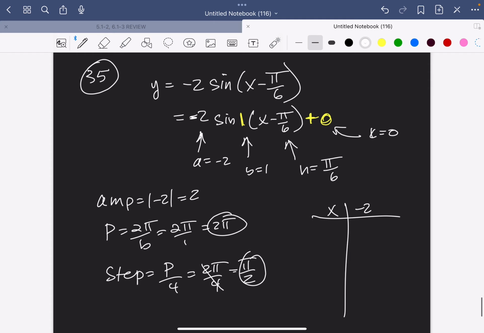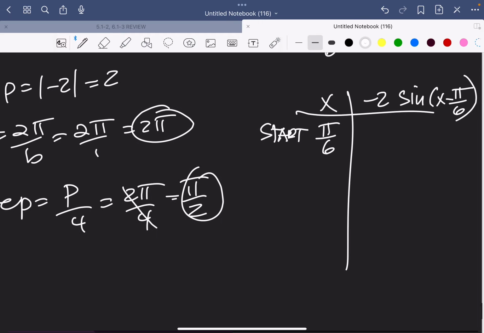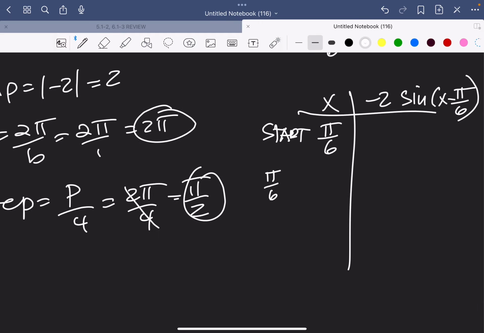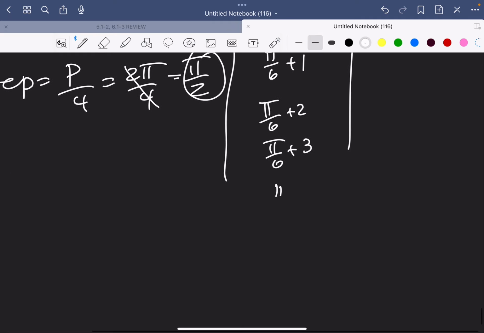What's going on? -2 sine of x minus pi over 6. So now we start at a different place, pi over 6. And then from there, we take our starting point plus a step, plus 2 steps, plus 3 steps, plus 4 steps, right?